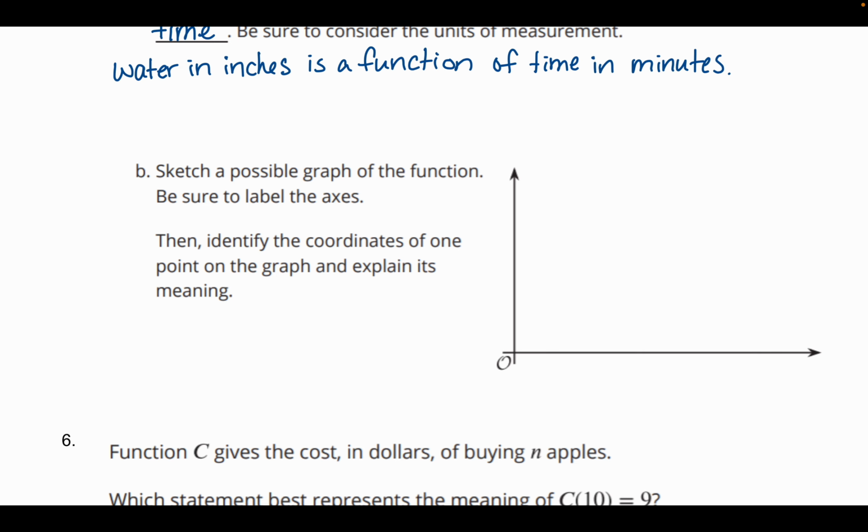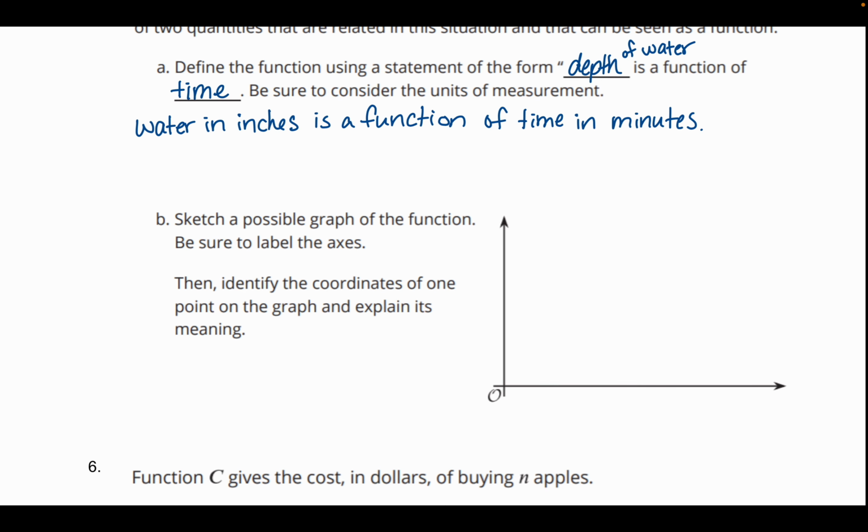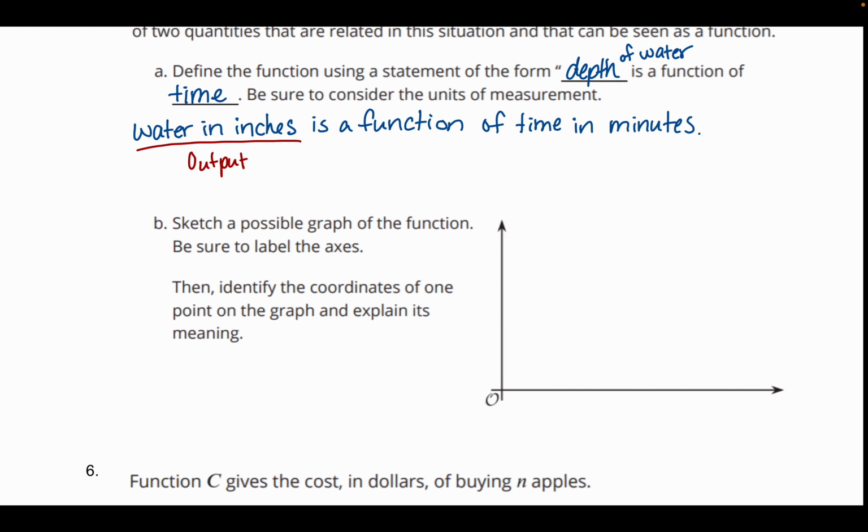So if I'm labeling my axes, I need to know which one is my input and which one is my output. And for our statement here, we say that output was our function of input. And I know that input is generally my x values and my output is my y values.